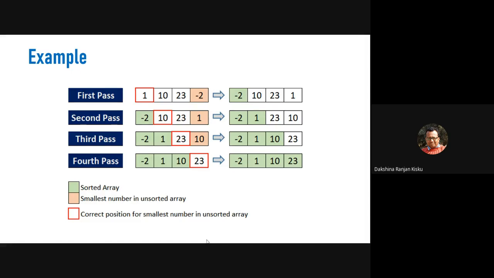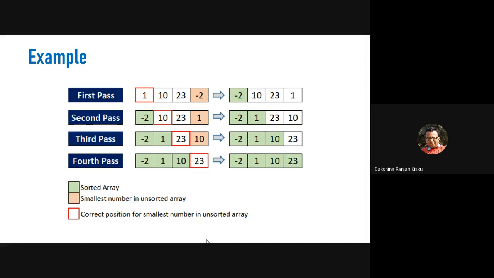In the second pass, minus 2, the first smallest element, is found in the correct position. Then we go for the second smallest element. The second smallest element is 1. After having it, 1 will be exchanged with the element in the second position. The element in the second position is 10, so 1 will be exchanged with 10.